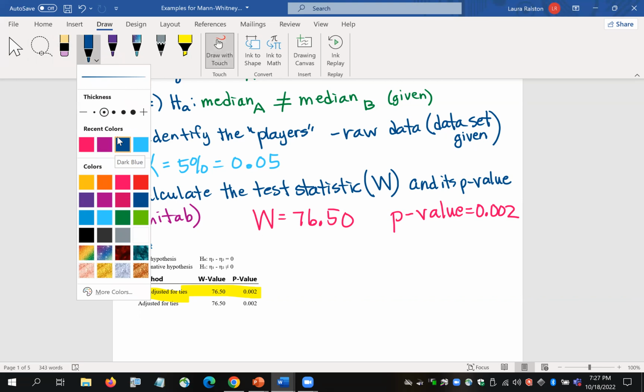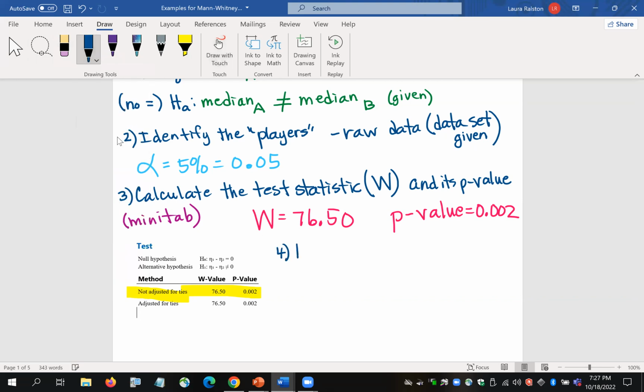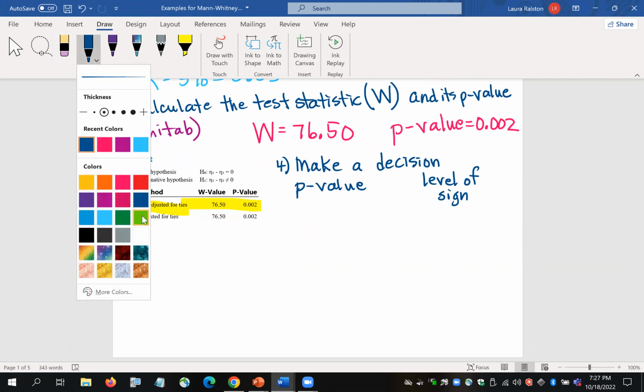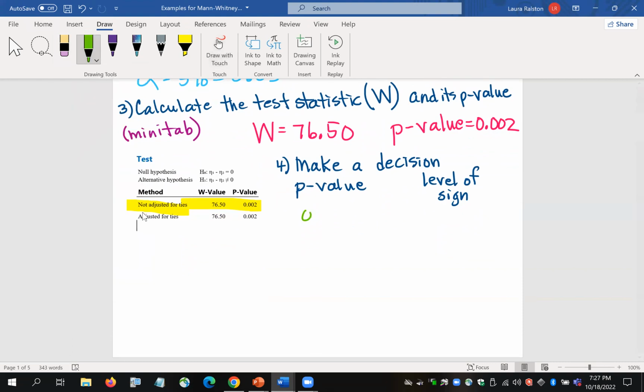Step 4 is the same step we always have. We make a decision by comparing the p-value to the level of significance. The p-value comes from Minitab, 0.002.